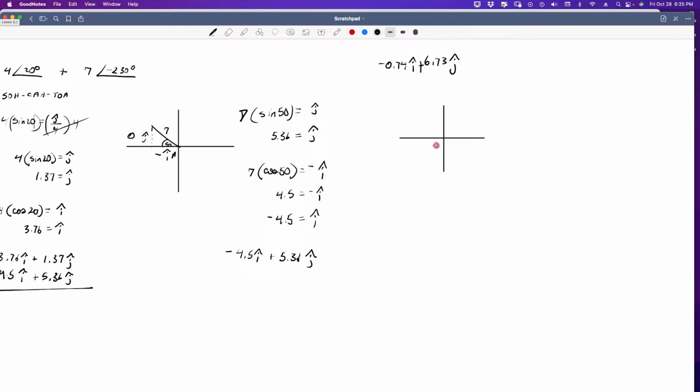And we are going to look at our signs here. We have a negative 0.74i. So we would come over here on the x-axis, because that's the I, and say negative 0.74. And then we have a positive 6.73. So that would come all the way up here, on the positive side of the y-axis. And then here is our vector.